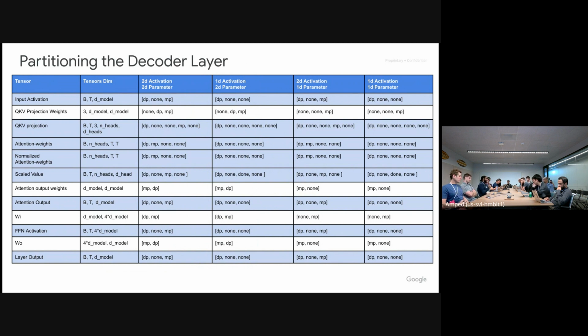So they actually explain it. One more useful intuition is that for consecutive layers, it works like conjugates. If a column is partitioned, then for the next one you have to partition the row. But again, I'm not doing justice to it. The Megatron paper does a good job at it, and GSPMD does a good job, but it is a hard paper to digest.